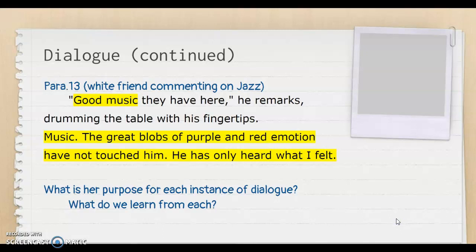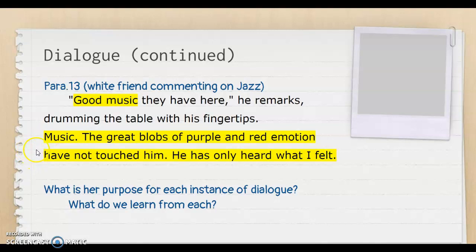In paragraph 13 is the only other time that we see dialogue, and this is where her white friend is commenting on jazz. And he says, good music they have here, he remarks, drumming the table with his fingers. And then this narration that comes after what he says, I think is the really cool contrast with what he says. He says, good music they have here. And her narration, which is right here, music.